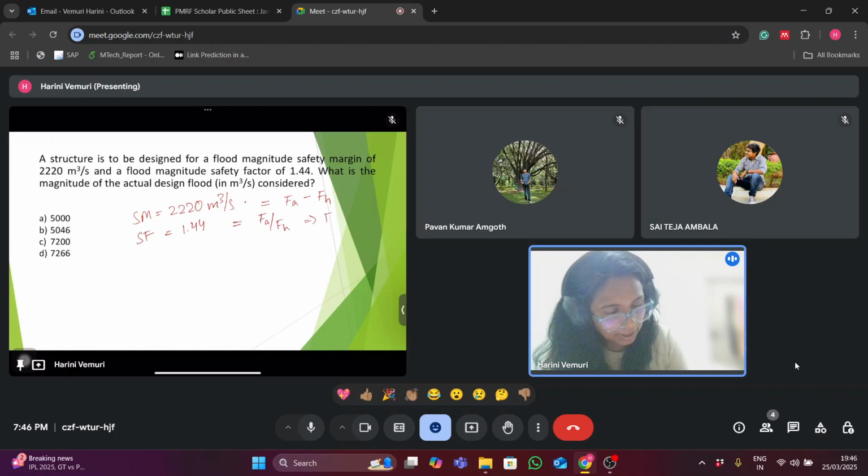So from this, F actual is equal to 1.44 F hydraulic. And once you substitute in the first equation, Fa minus Fh equal to 2220, then 1.44 Fh minus Fh equal to 2220, so 0.44 Fh equal to 2220.